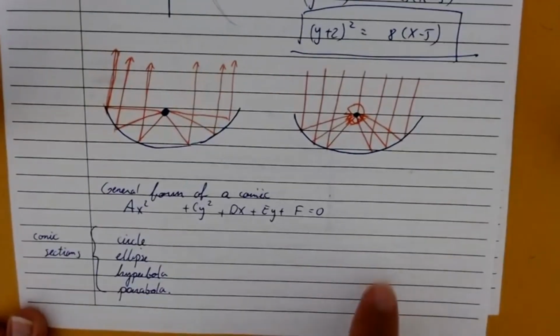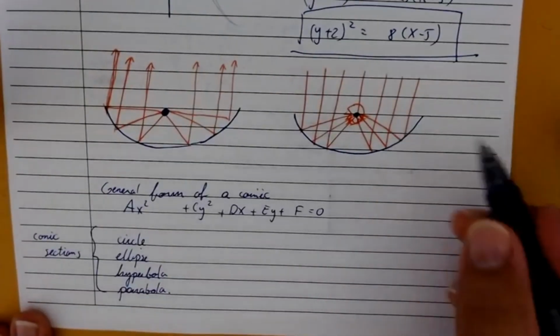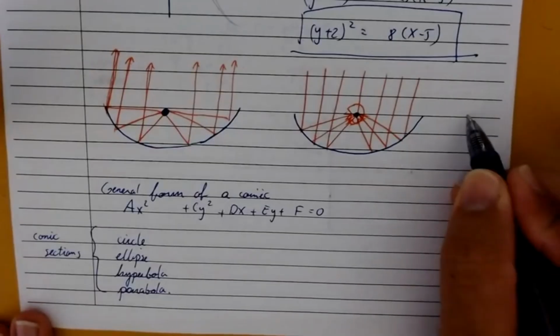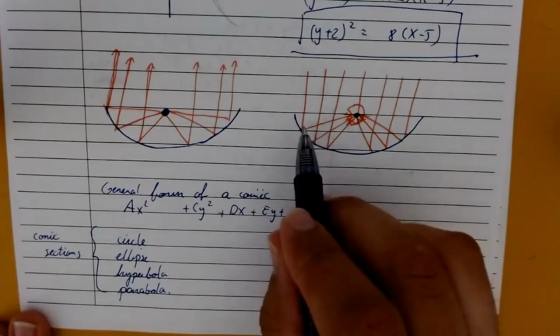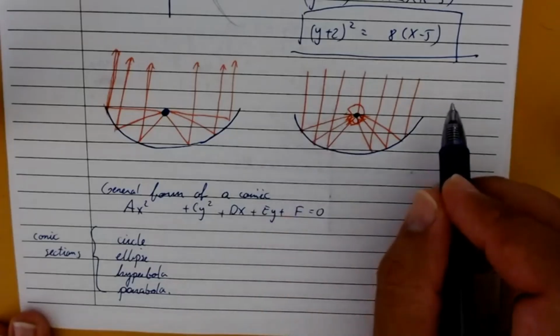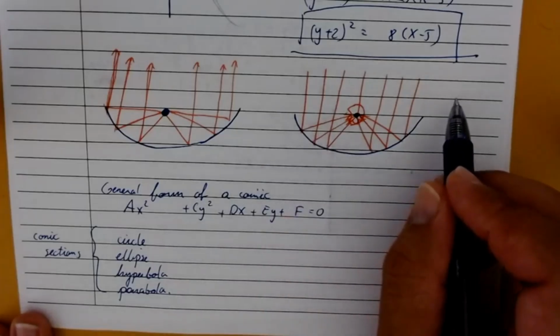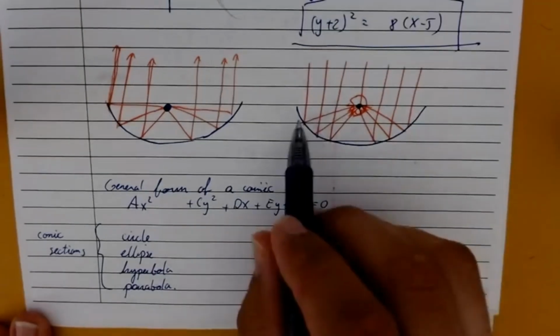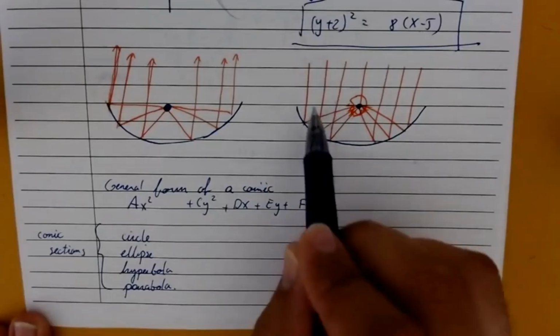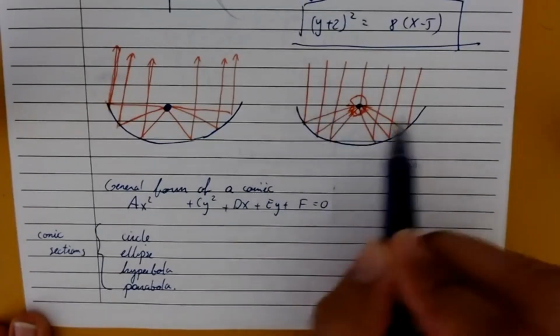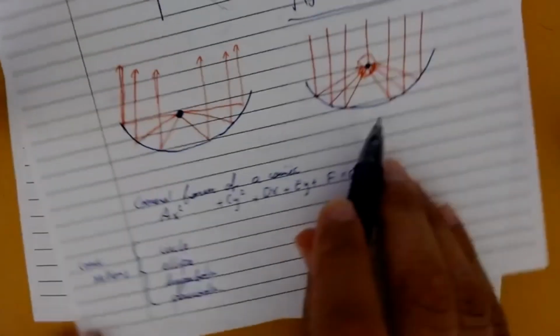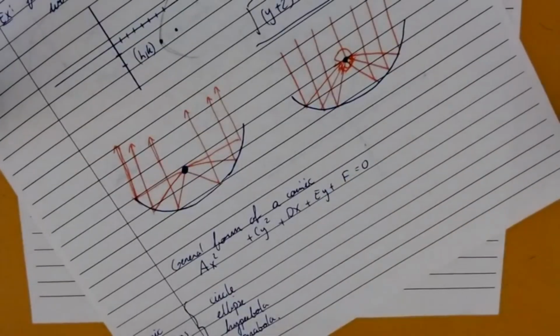So far, every ellipse we've seen has either had a major axis that's horizontal or vertical. Every hyperbola we've seen has had a transverse axis that's horizontal or vertical. Every parabola we've seen has had a directrix and a latus rectum that's horizontal or vertical. What if it's tilted at 30 degrees?